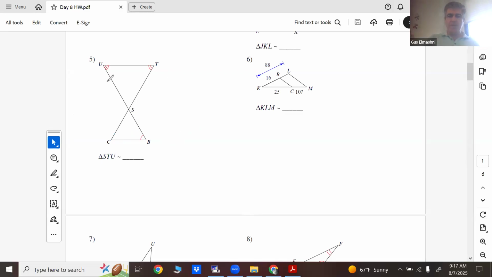Okay, this one's a little tricky. I'm going to redraw it like this. I'm going to break off a small triangle like this. So KBC, right? Then KLM.